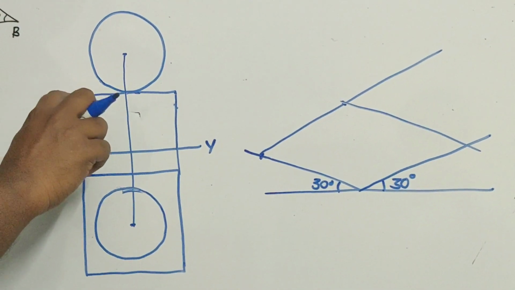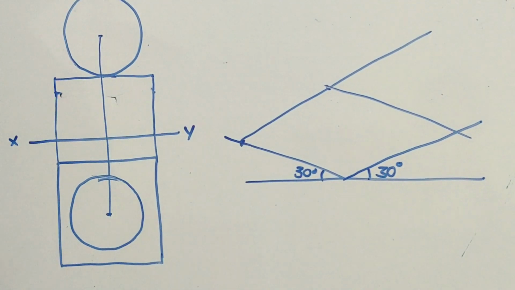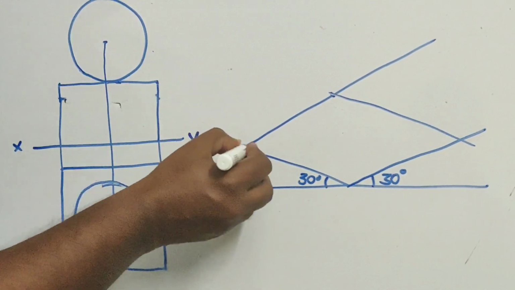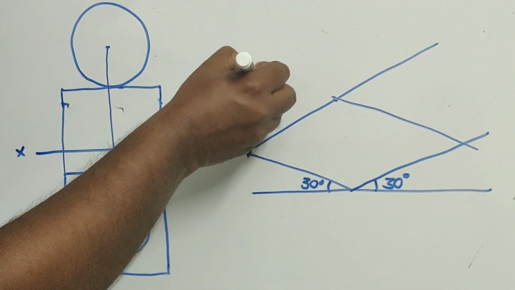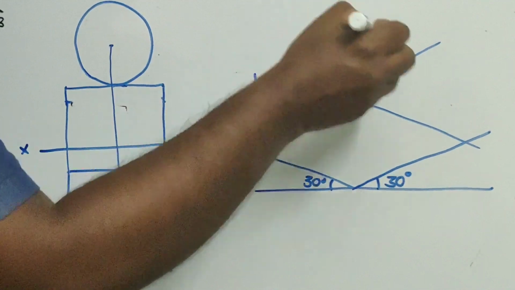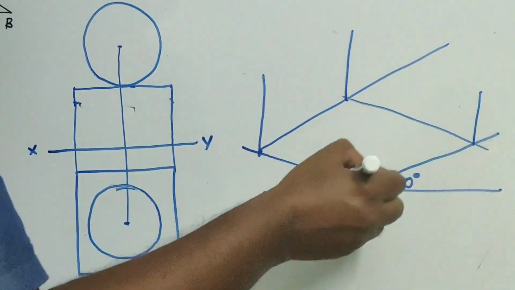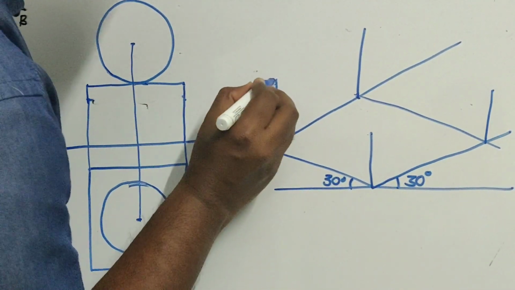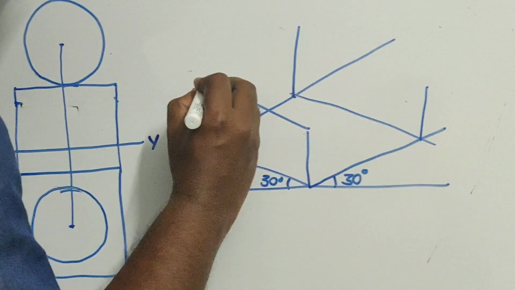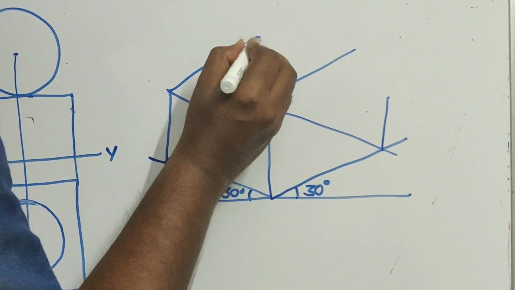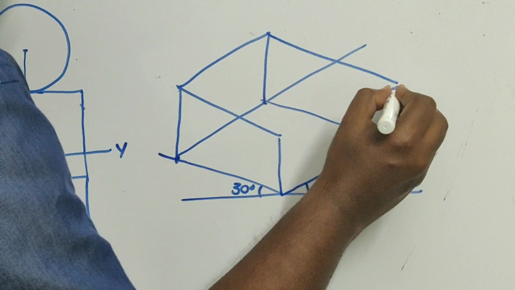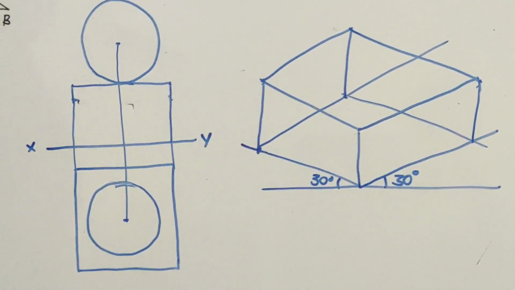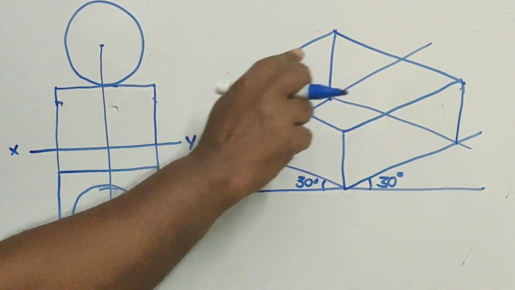Now you know this is the thickness of the square slab, that you can take and you can use that dimension for drawing these lines. I think it is clear to you. You got a square slab.